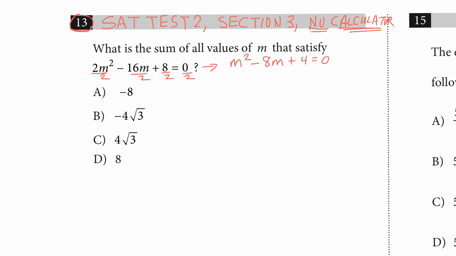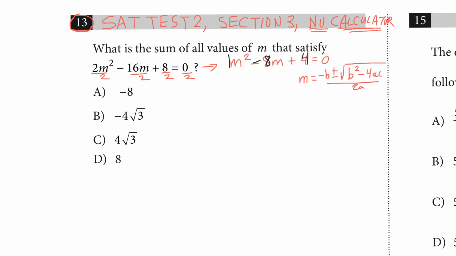And if you remember the quadratic formula, m is going to be negative b plus or minus the square root of b squared minus 4ac, all of that over 2a. So in this problem, we have that a is 1, b is negative 8, and c is 4.